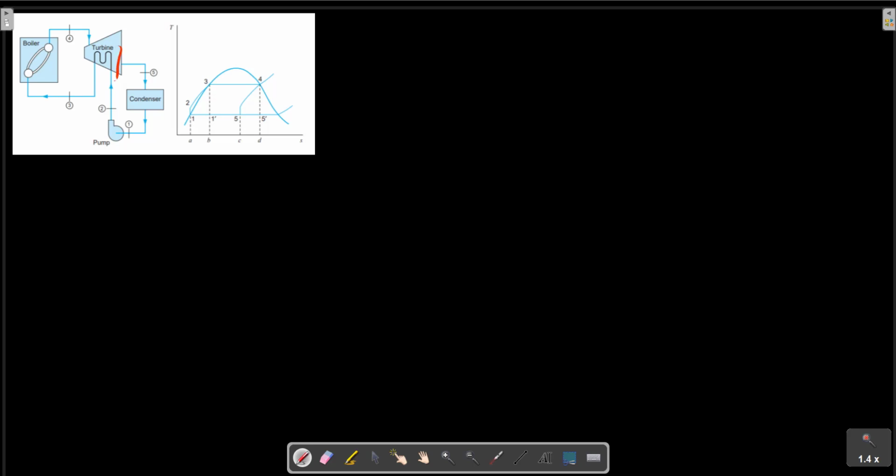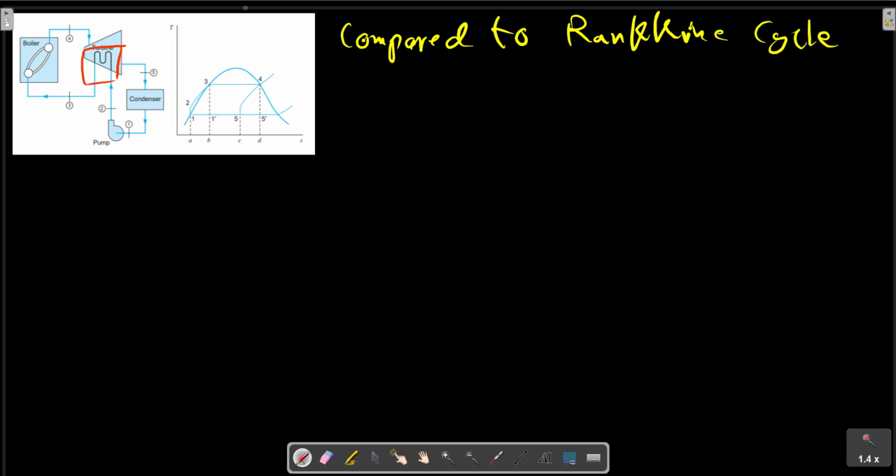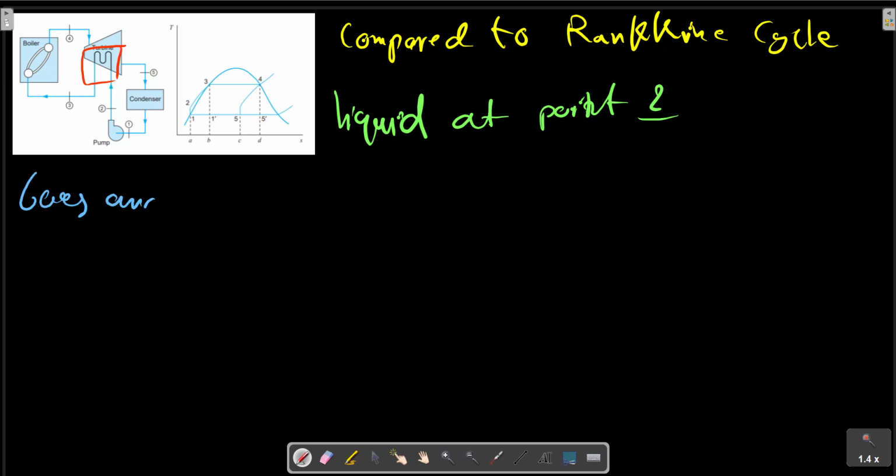Compared to the Rankine cycle, the liquid water at point 2 goes around the turbine case, and the water flows in the direction opposite to the vapor flow in the turbine.